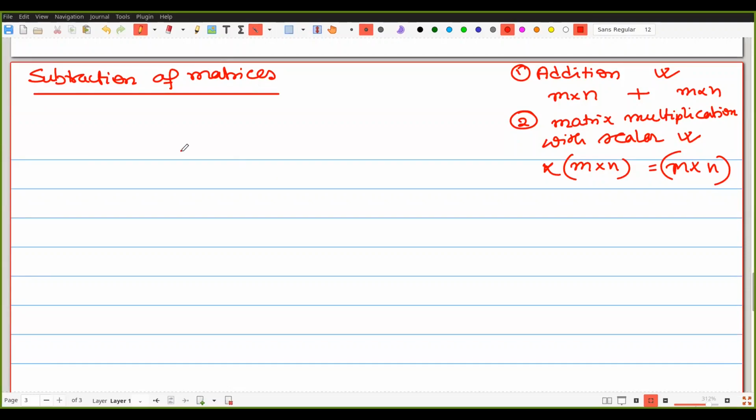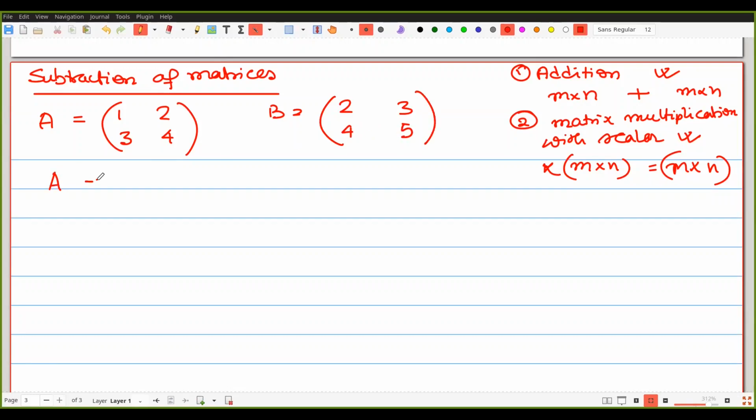Why? Suppose we have a matrix A, which is 1, 2, 3, 4, and B, which is 2, 3, 4, 5, and you proceed with A minus B, and you say, sir, it is very much true that it is 1 minus 2, 2 minus 3, 3 minus 4, 4 minus 5.